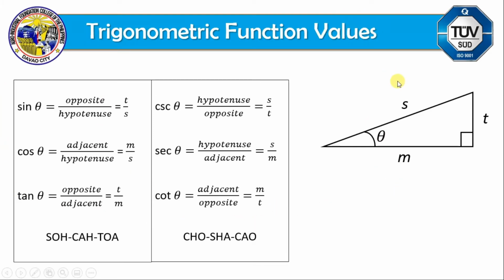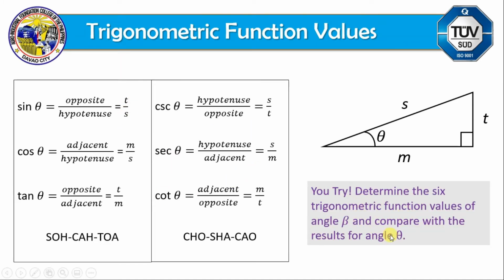Now, values since pwede kasi na yung s, m, at saka t may value. Okay? So, pag may value yan, substitute lang natin dito. Okay? So, here we have a challenge. So, sabi dito, you try. Determine the 6 trigonometric function values of angle beta and compare with the results for angle theta. So, this one, itong nasolve natin dito is actually the 6 trigonometric functions of angle theta. Okay?